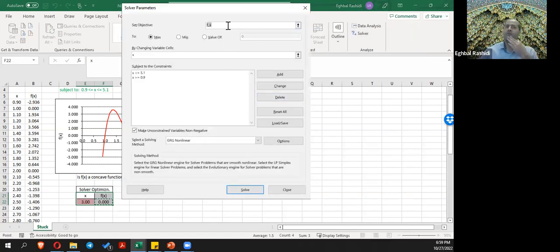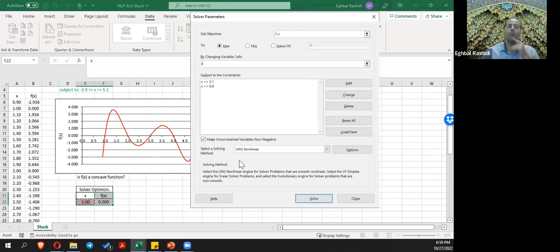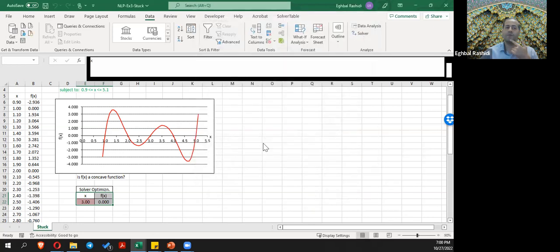Okay. We are maximizing f of x by changing x, knowing that x is less than 5.1 and x greater than 0.9. We don't really need to check this because x is already greater than 0.9, so it's already addressed here. And we're going to select the GRG method to solve it, and I'm going to click here to see what happens.